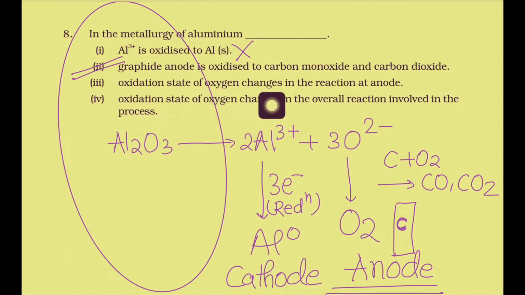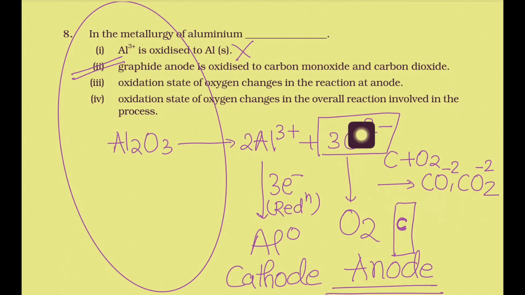Next, oxidation state of oxygen changes in the reaction at anode. No. What is the oxidation state here? It is -2. And if you see the oxidation state of oxygen in CO or CO2, that is also -2, so there is no change.